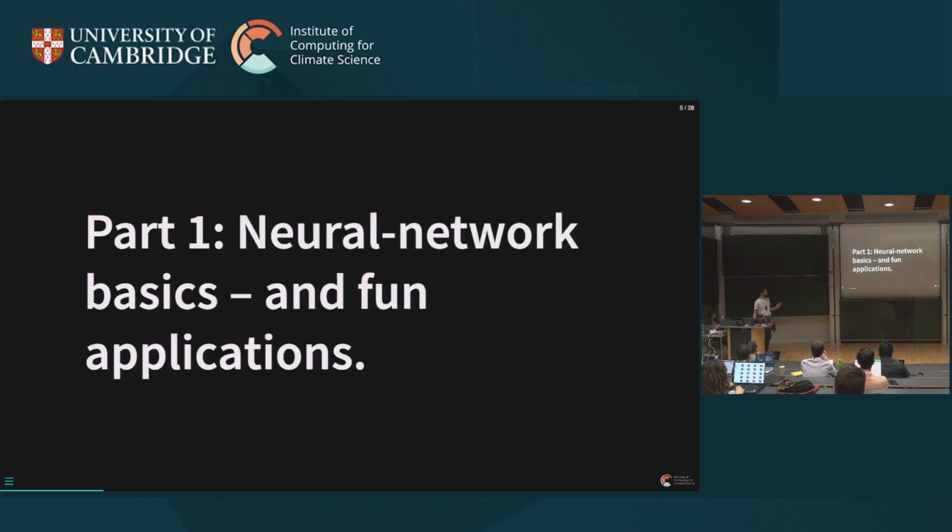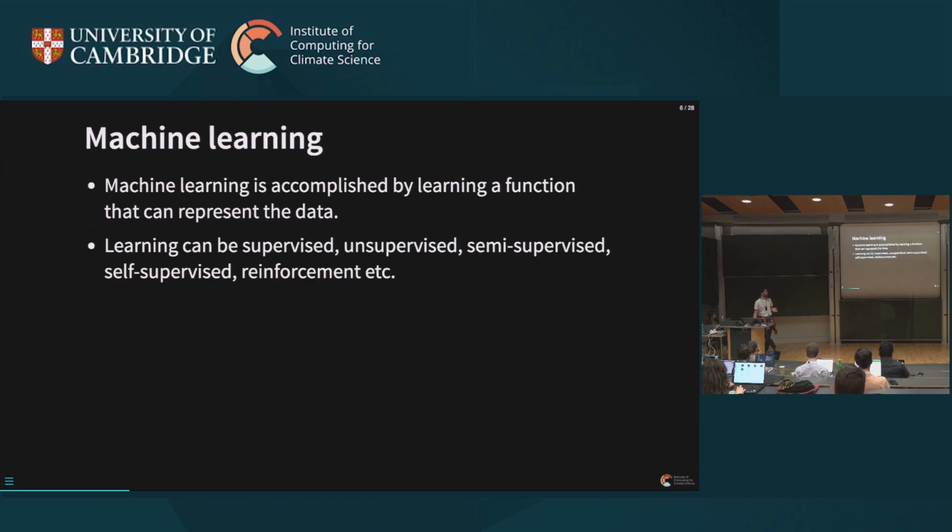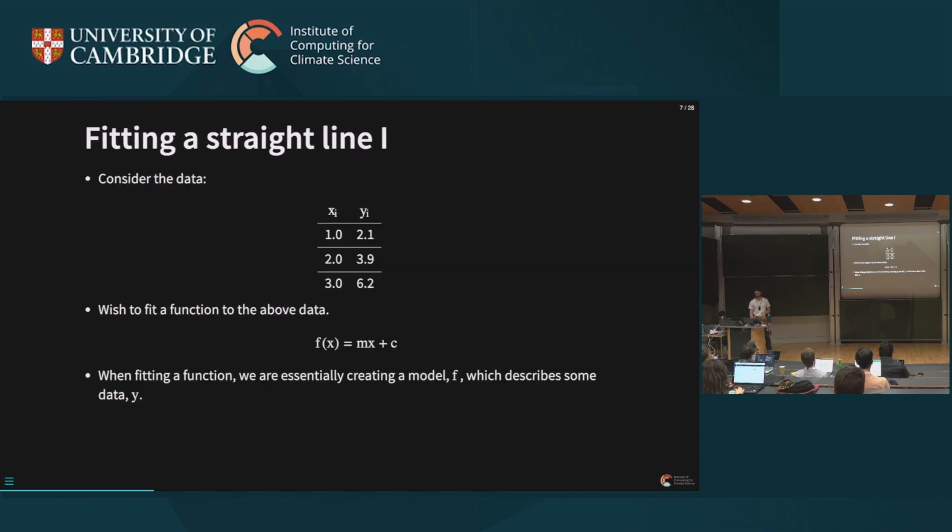Okay, so a quick overview of what a neural network is and some of the applications. As many of you already know, machine learning is basically function fitting to some data. The learning process can be supervised, unsupervised, semi-supervised. There are so many different flavors of learning, but today we're going to be mostly dealing with supervised learning.